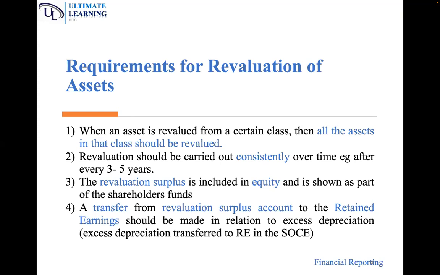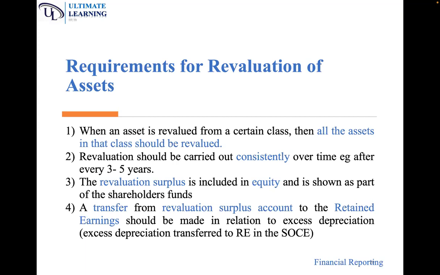Please find a way of mastering these rules of revaluation. What is rule number 1? When an asset is revalued from a certain class, all the assets in that class should be revalued. Point number 2, revaluation should be consistent over time. What is point number 3?